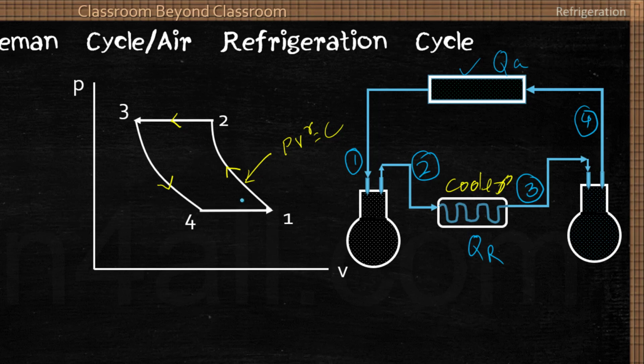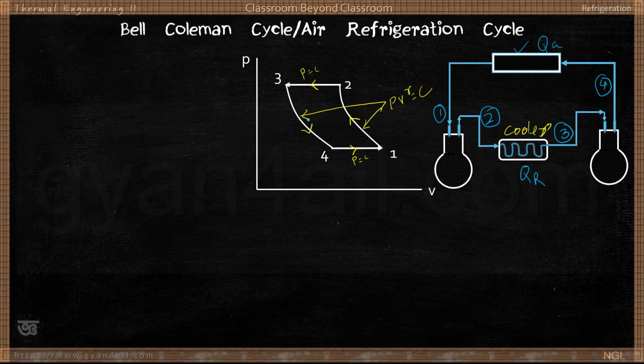So 4-1 is this process. Constant pressure, we can write here that this is P equal to C, this is P equal to C, and this is also an isentropic expansion process.